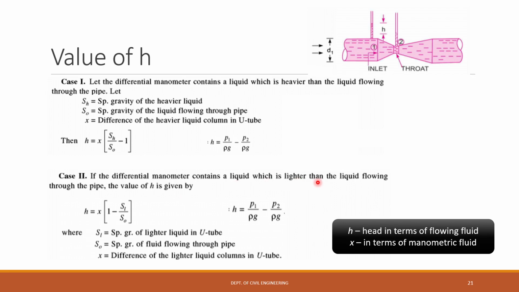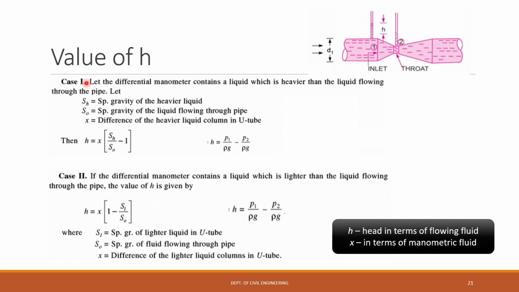In that case, we can use this equation: H is equal to x into (1 minus SL by SO). SO, as in the previous case, is the specific gravity of the flowing fluid, the fluid inside the main pipe, and SL is the specific gravity of the fluid inside the manometer. Here also you can use this equation because the venturimeter is horizontal.